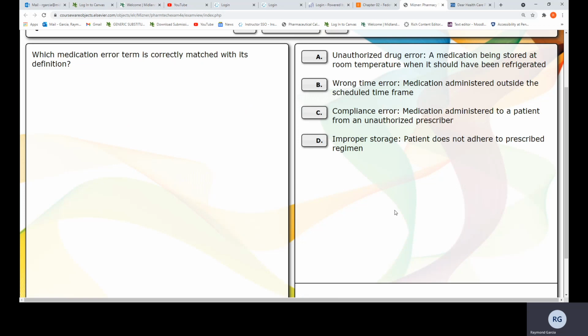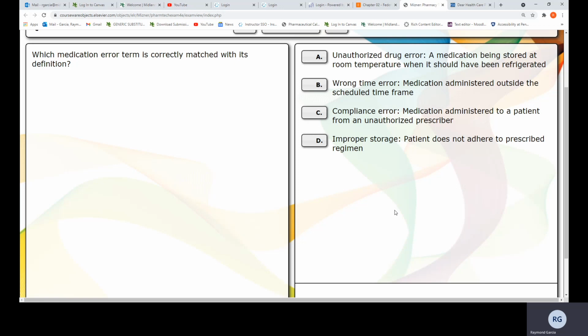Which medication error term is correctly matched with its definition? Unauthorized drug error, medication being stored at room temperature when it should have been refrigerated. Wrong time error, medication administered outside the scheduled time frame.